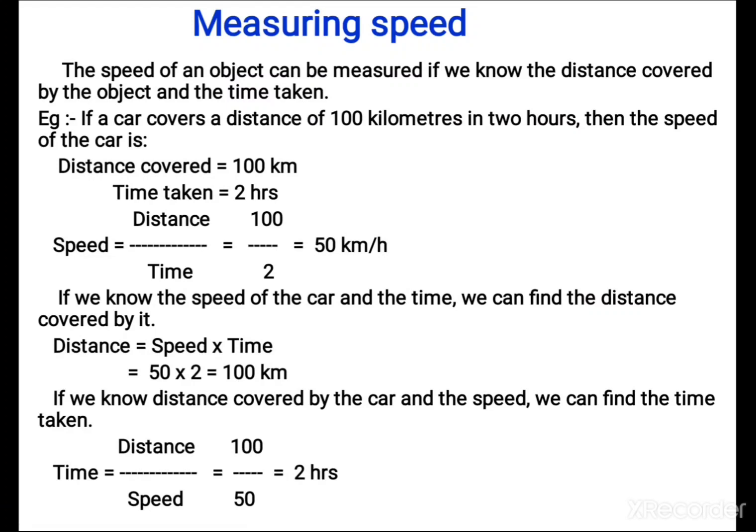And if we know the distance covered by the car and the speed, we can find the time taken. Time is equal to distance upon speed, that is 100 upon 50, and the answer is 2 hours.